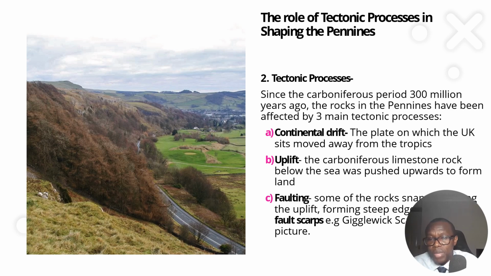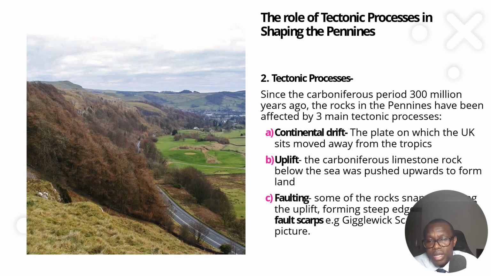So instead of it being under the sea, it is now above sea level. And then thirdly, faulting also took place, which is another tectonic process. Some of the rocks snapped as the uplift was taking place, and this formed steep edges, which are known as fault scarps.